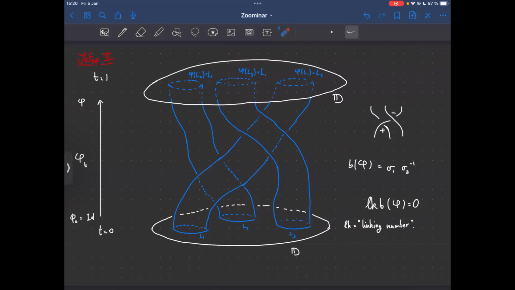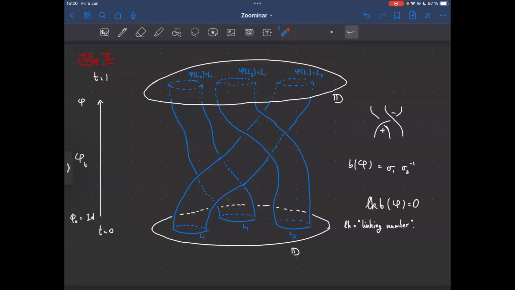So the braid associated to the main picture of the slide is the one here to the right. And you see that there are 2 points in the braid diagram where one strand passes over another, and I have written a plus and a minus. So when 2 strands pass one over another in the braid diagram, we have a crossing, and crossings may be either positive or negative.